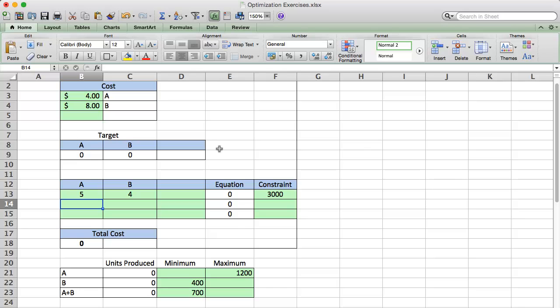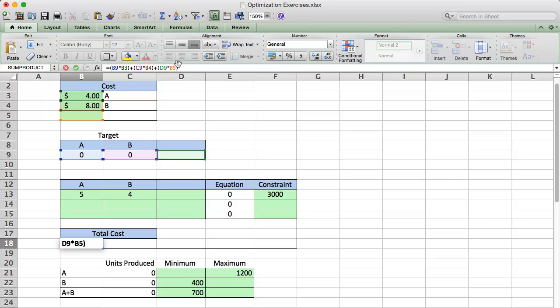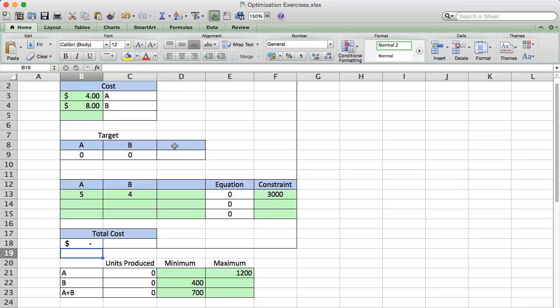So let's look for our 3 core parts of any LP model. First of all, our objective function. It's the same equation. We're using a sum of the products. And this is the same tool, so you can see we also have room for 3, because in the last problem we had 3 different types of cakes. But here there are only 2 different types of raw materials, so we can adjust that.